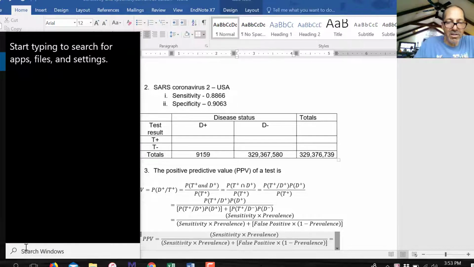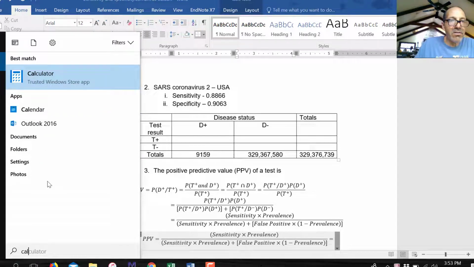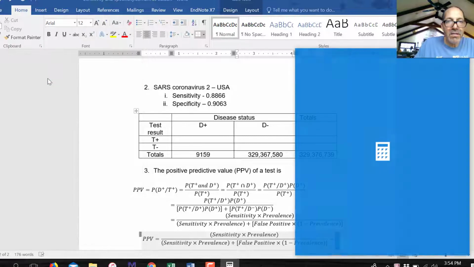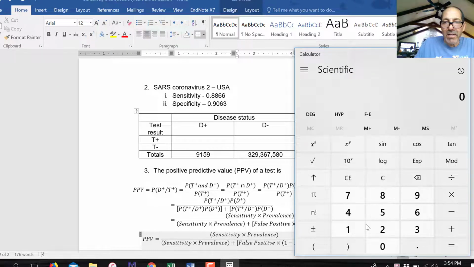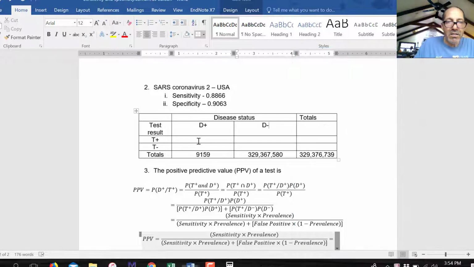So I'll get on my calculator, so we have 0.8866 times 9159, and that equals this number here, 8120. So this is 8120.